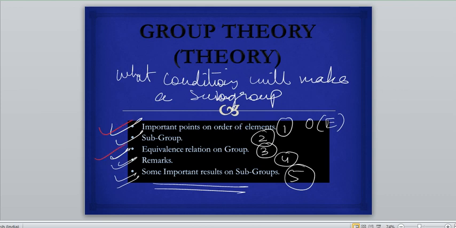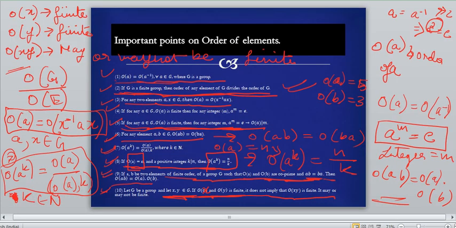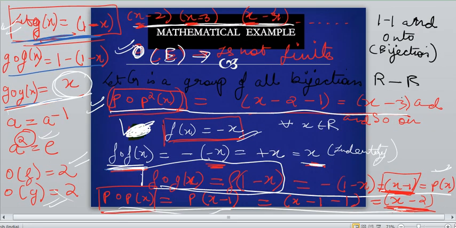And we moved on to the next one, that was the important points. I explained everything. Then we moved on to a mathematical example, where I gave you an example of how the order of the element is infinite and it's not coming finite.